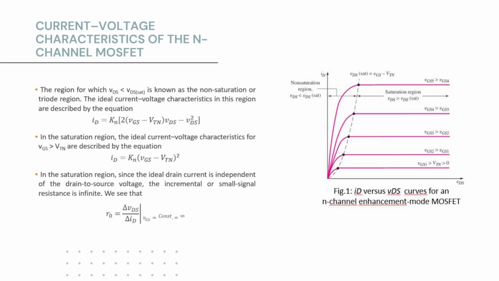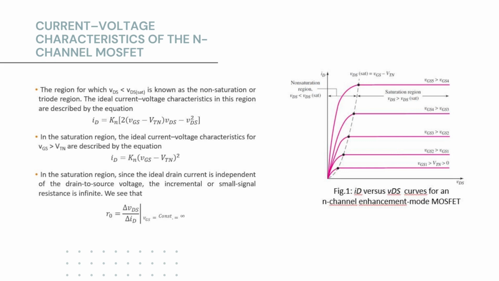So the curve is divided into three regions: saturation, active and cutoff. The region for which the drain to source voltage is less than VDS saturation is known as the non-saturation or the triode region.